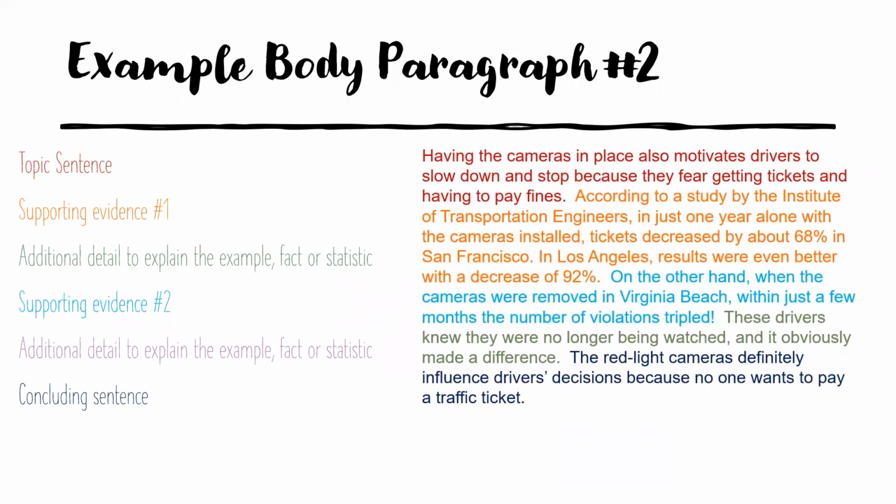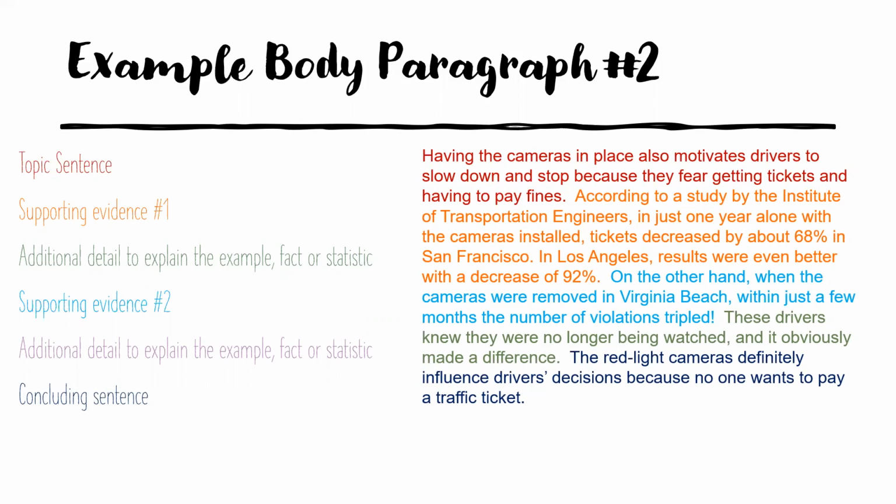So here's an example. Having the cameras in place also motivates drivers to slow down and stop because they fear getting tickets and having to pay fines. According to a study by the Institute of Transportation Engineers, in just 1 year alone with the cameras installed, tickets decreased by about 68% in San Francisco.